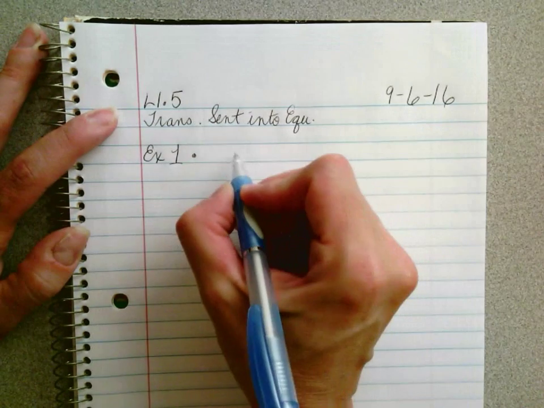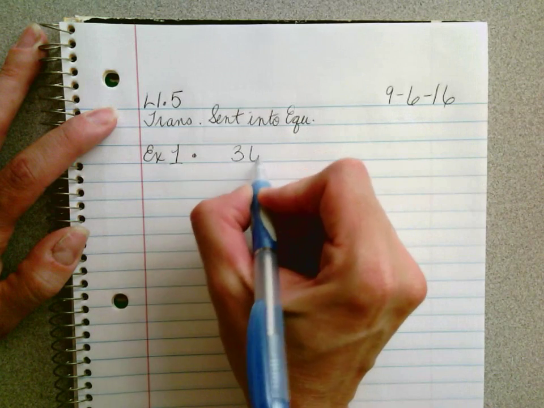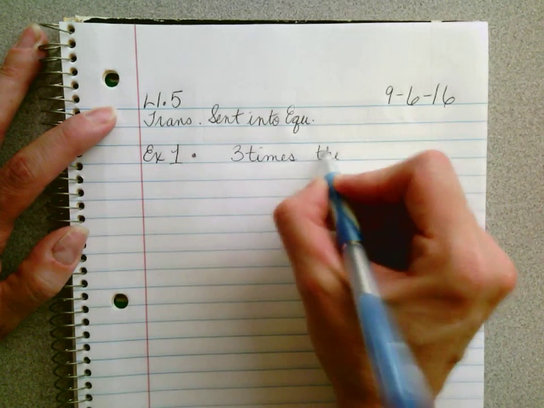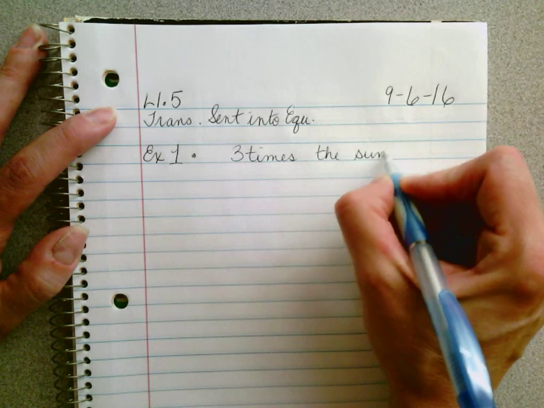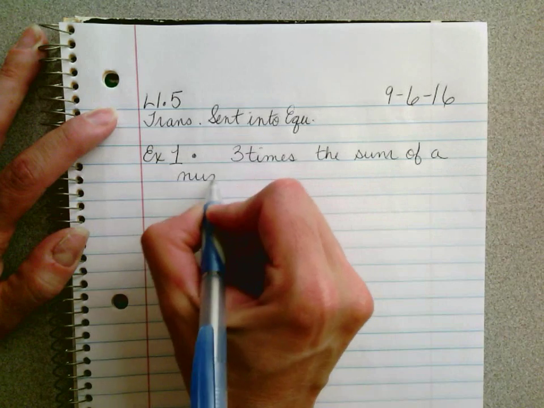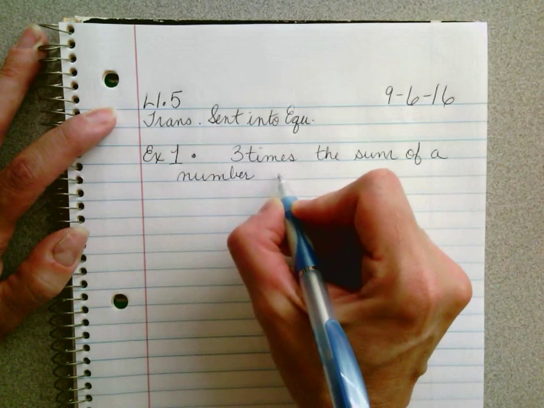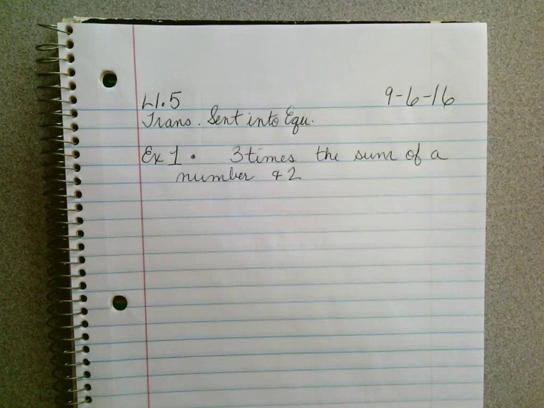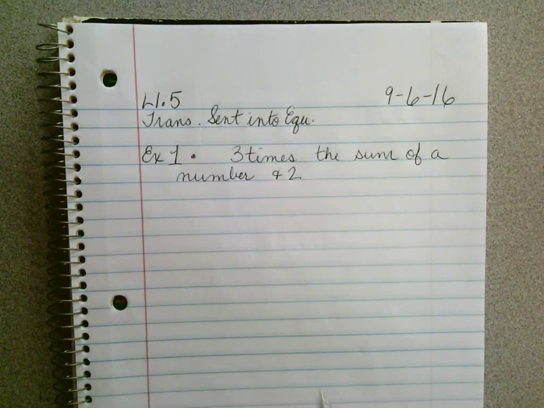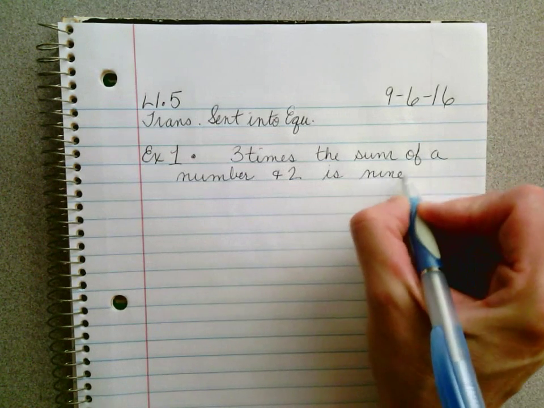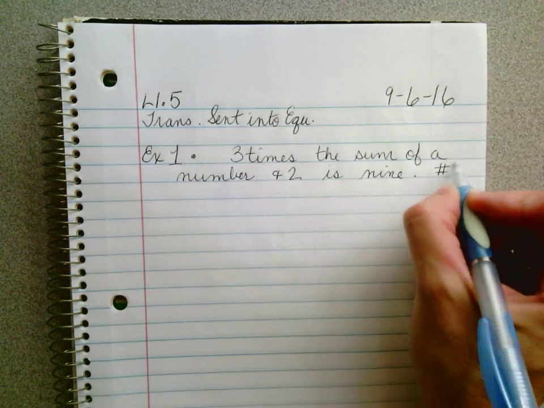My example 1: 3 times the sum of a number and 2 is 9. What's the number?